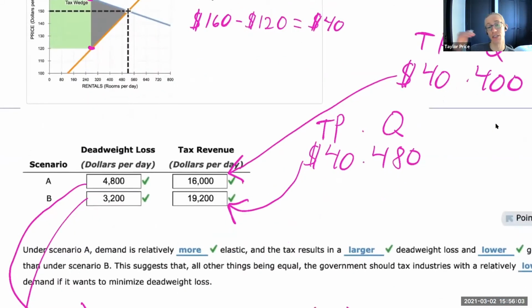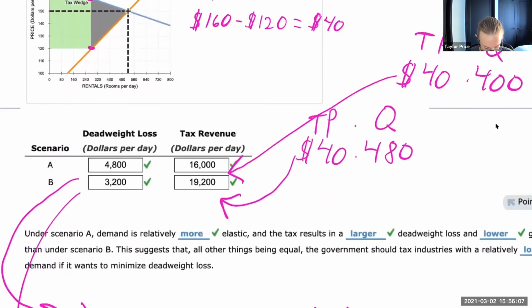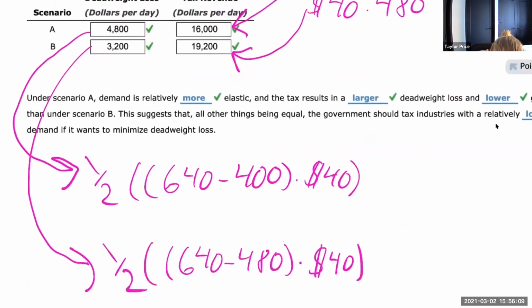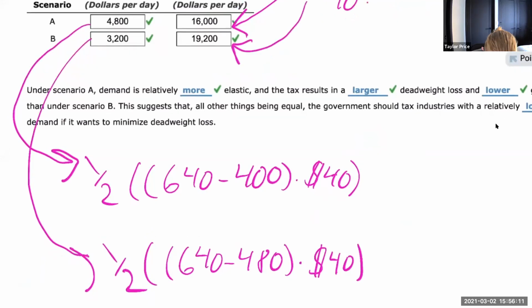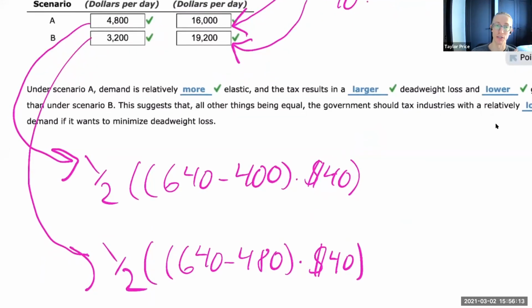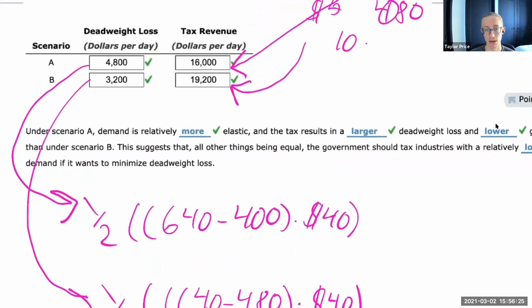That's going to give us the tax revenue. The deadweight loss is going to be the difference in consumption, so the difference between the old equilibrium and the new equilibrium, multiplied by 40. That's going to give us the deadweight loss in that example.